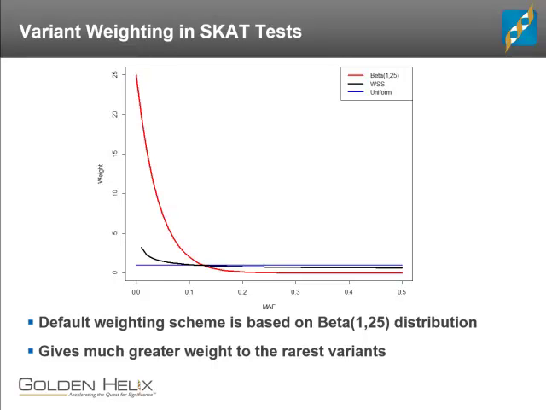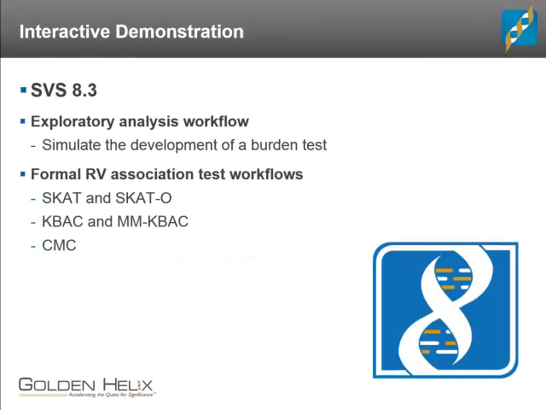And so it all comes down to whether you want to identify genes where the rarest variants are expected to have the greatest effect, or if you want to take, say, a more uniform approach and just look for any combination of variants that seems to be associated with disease status.